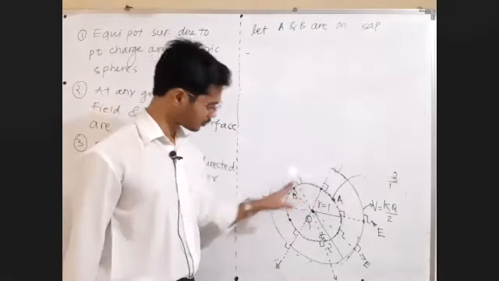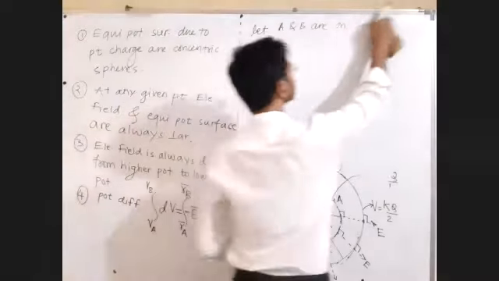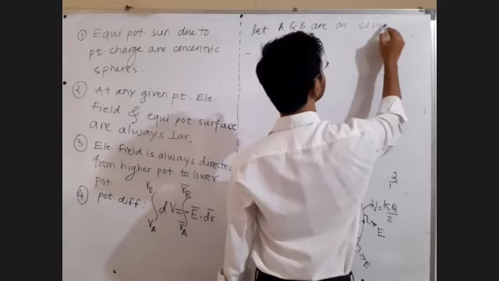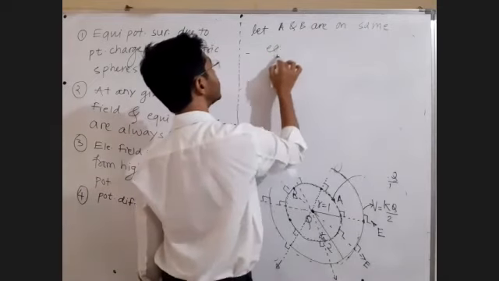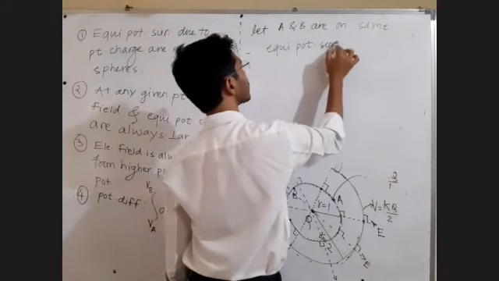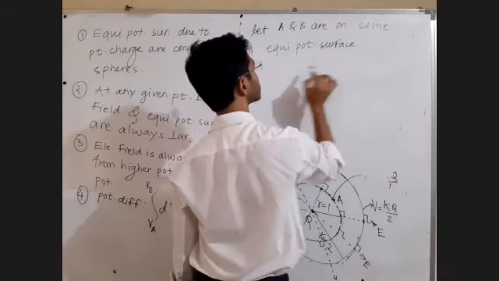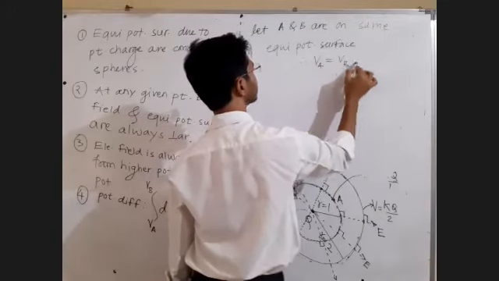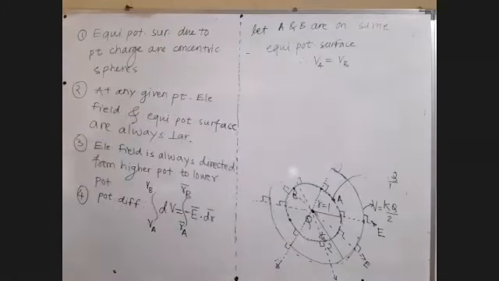Both of them are on the same surface. They are on the same equipotential surface. Therefore, VA is equal to VB.